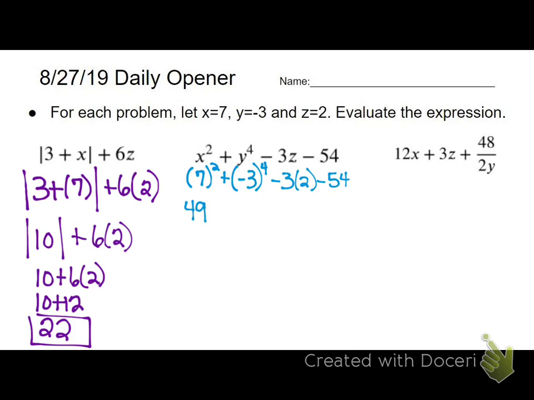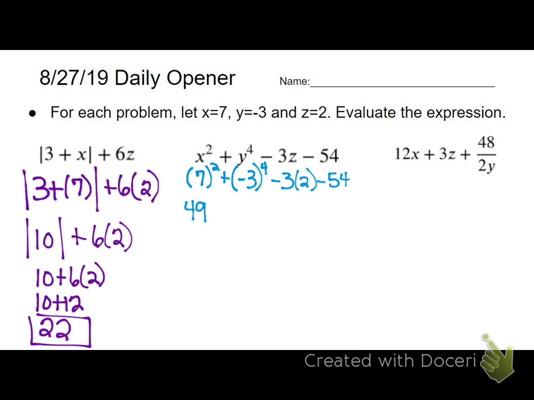Then I have -3 to the 4th power. Do you guys know the positive and negative trick? If my exponent is an even number, my answer is going to be positive or negative? Positive.